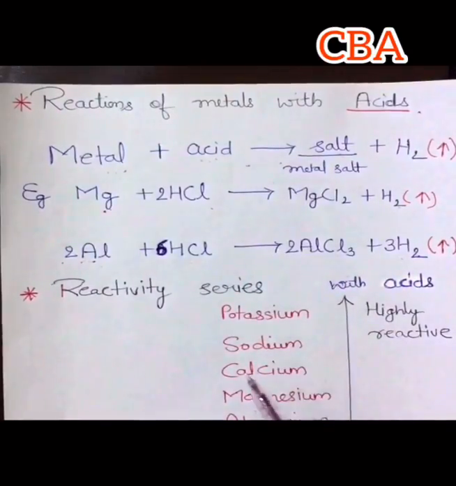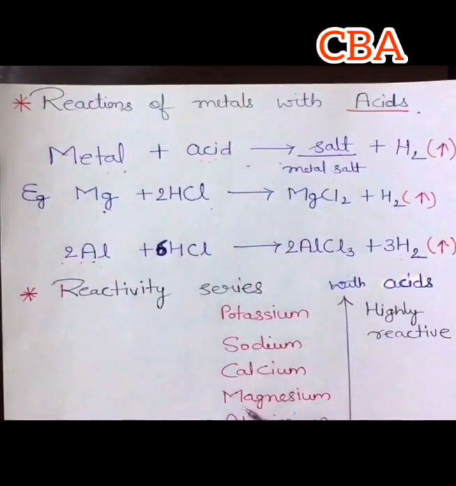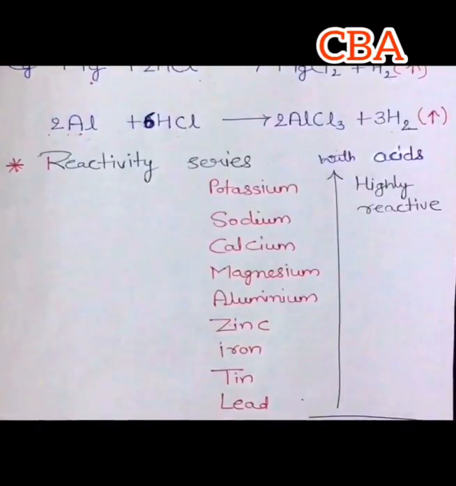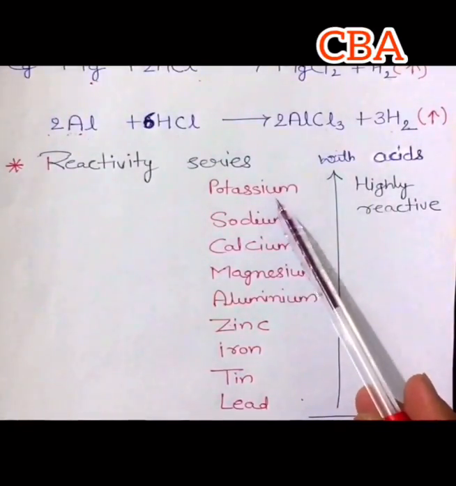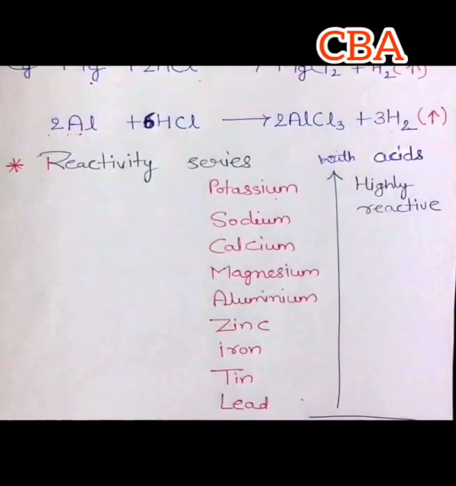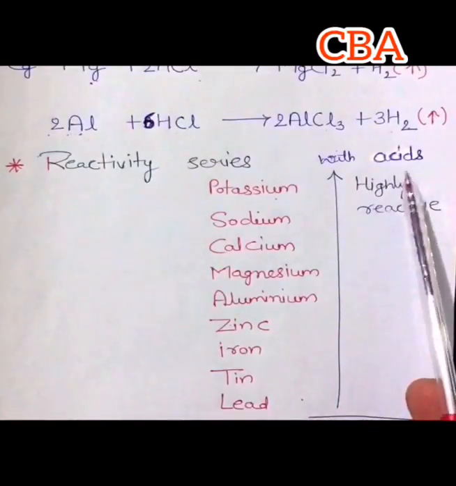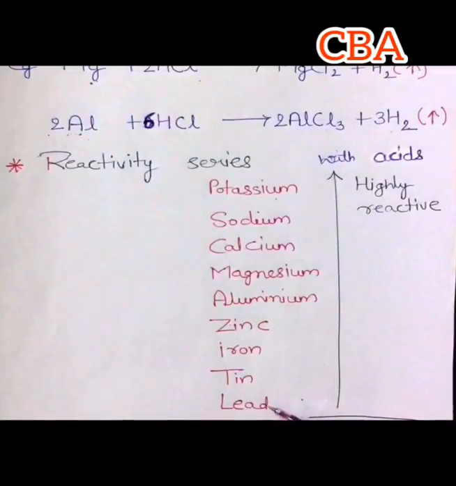Now if we talk about the order of reactivity of metals with acids, this can be understood by the reactivity series. In the reactivity series, you can see potassium, sodium, calcium, they all are arranged in the reactivity order. The topmost are the highly reactive with acids, and down to here these are the least reactive.